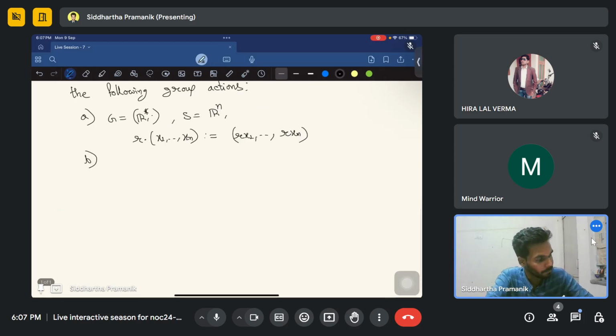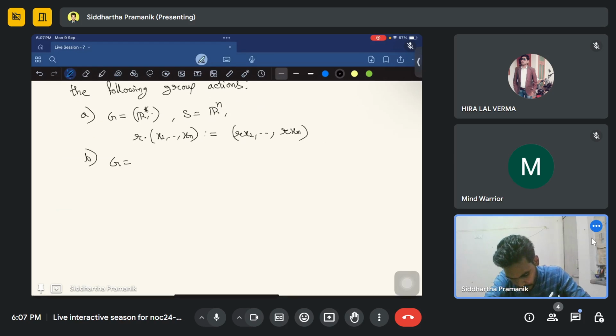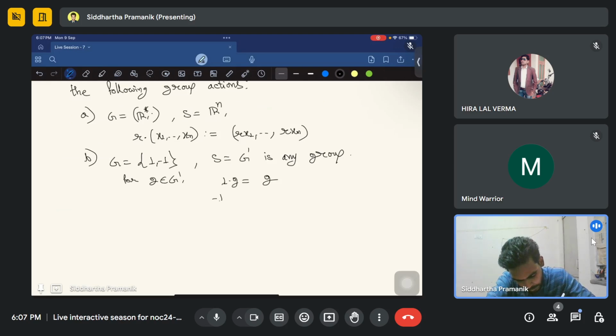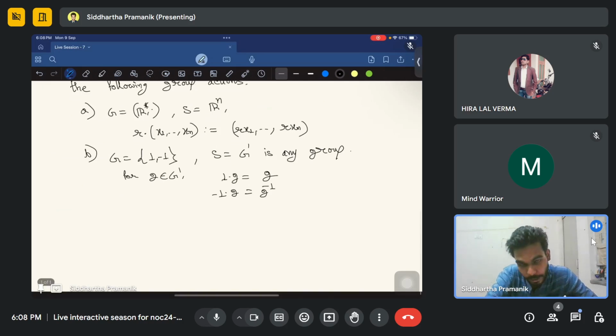Next, B: your group is the two roots of unity, and your set is any other group G prime. For g belonging to G prime, 1 dot g is g and minus 1 dot g is g inverse. That is the definition of group action here.